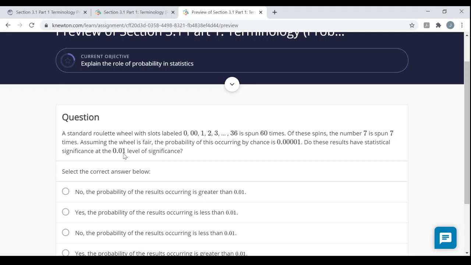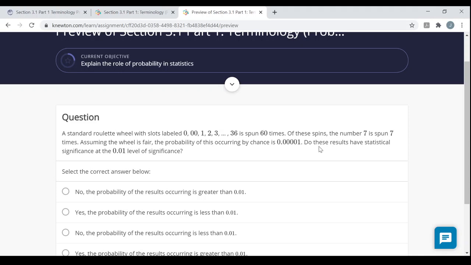So you spin 60 times, and 7 shows up 7 out of those 60 times. Assuming the wheel is fair, the probability of this occurring by chance is very, very small. Do these results have statistical significance at the 1% level of significance?